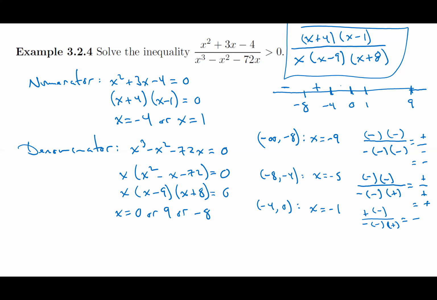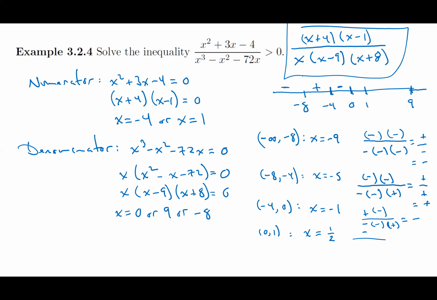Okay. My next interval, 0, 1. All right, I'm going to choose 1/2. If I choose 1/2, let's see, positive times negative. So my numerator will be negative. And then positive, negative, positive.